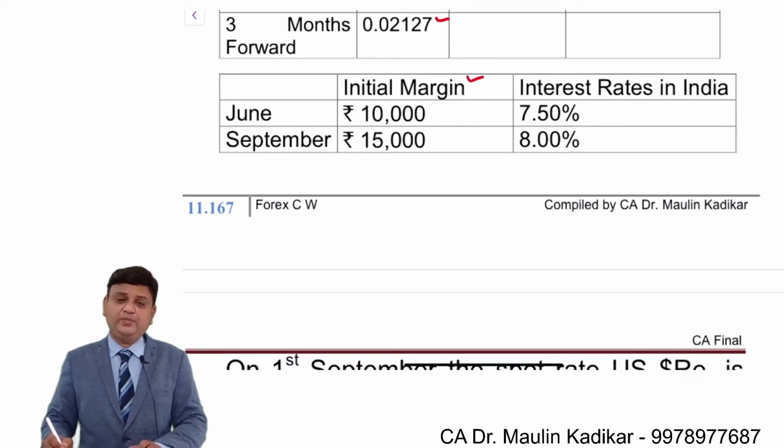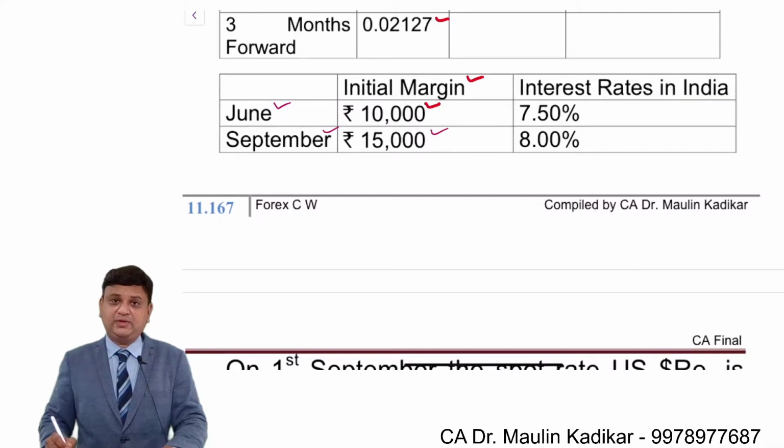Initial margin that you have to pay when you enter into the futures contract is 10,000 if it is June month contract, and it is 15,000 if it is September month futures contract. Rate of interest in India is 7.5% and 8%, and these rates of interest are always required to be understood as per annum rate of interest.